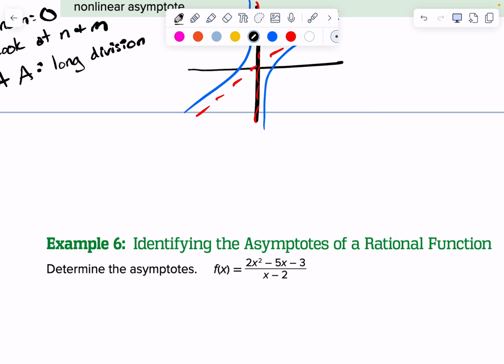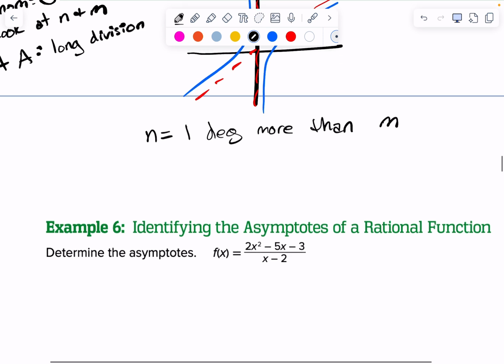Okay. All right. Slant asymptotes. You will have a slant asymptote when n equals 1 degree more than m. That's when you will have a slant asymptote. If that is not the case, then you will not have one. So, for example, let's say x to the 4th plus 5 over x to the 3rd plus 7.